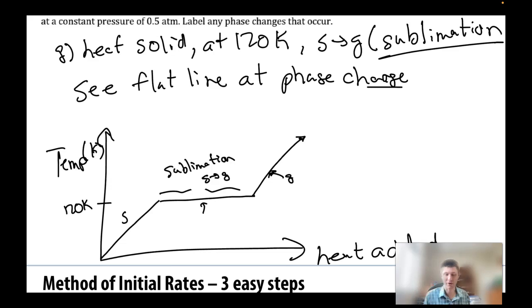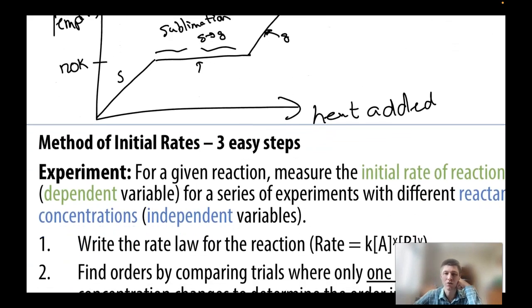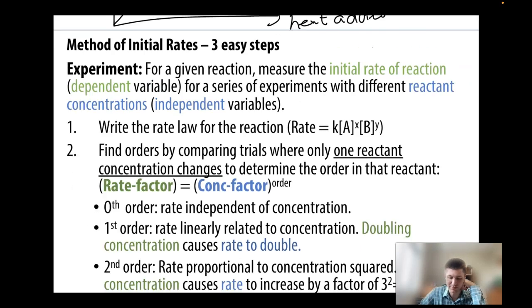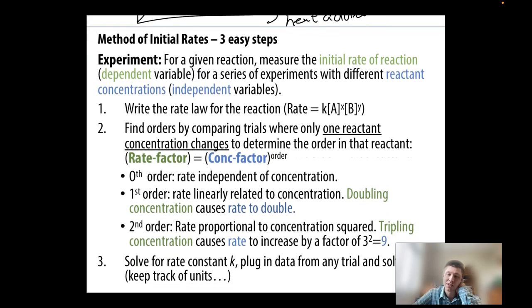Okay. Now, our last sort of big problem on the quiz is method of initial rates. For method of initial rates, the experiment is that we measure the initial rate, dependent variable, for experiments with different reactant concentrations, which are independent variables. To solve that, we first write the rate law for the reaction.